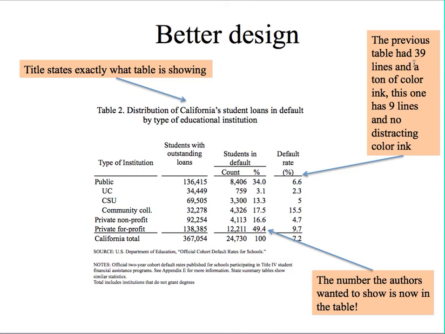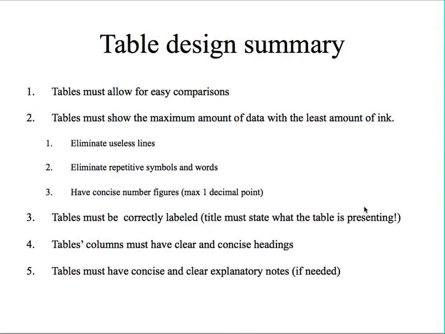The previous table had 39 lines and a ton of color ink. This table has 9 lines. That's 30 lines that we took out, and it has no distracting color ink. This is the pure data. This is exactly what a table should look like without the junk.